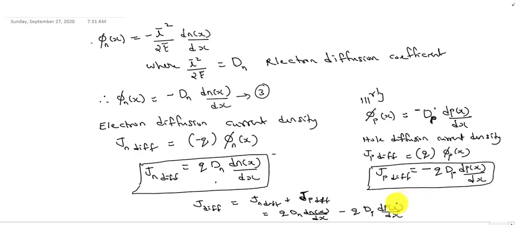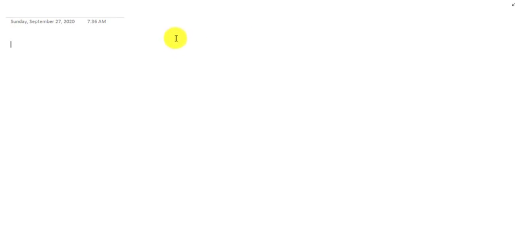So this is the expression for total diffusion current density. And so we have to define the total current in a semiconductor. We have studied both the carrier transportation mechanisms.